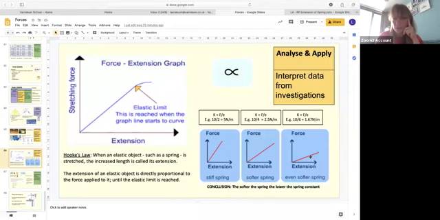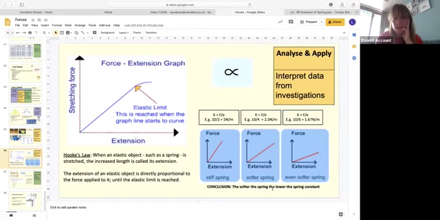This is a really soft spring because I don't need very much force to extend it a long way. If we're going to look at it in terms of values, my force applied is going to be exactly the same here, but my extension is not very much. A little bit more and loads. We can see that as a spring gets softer, the spring constant value goes down.